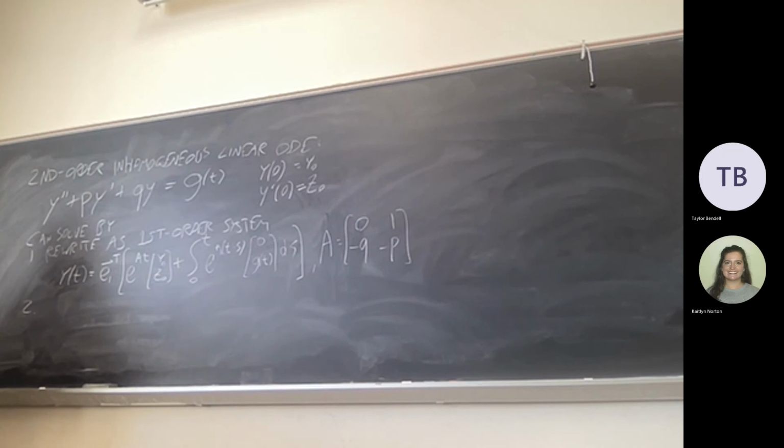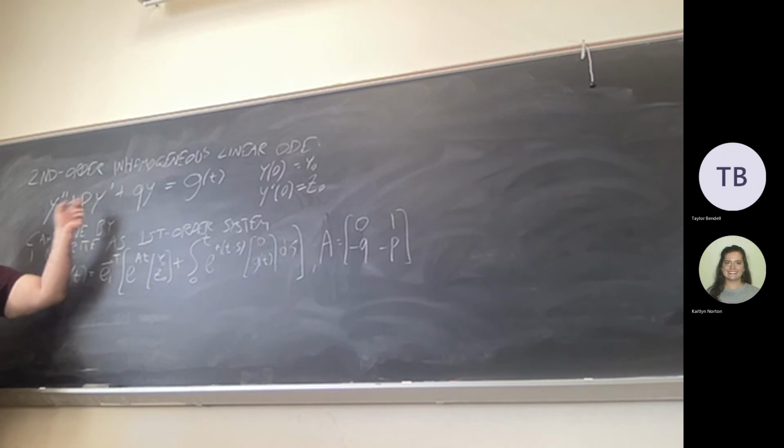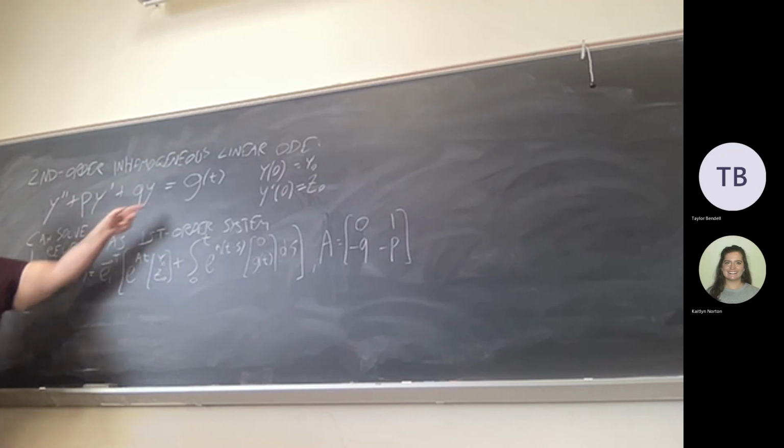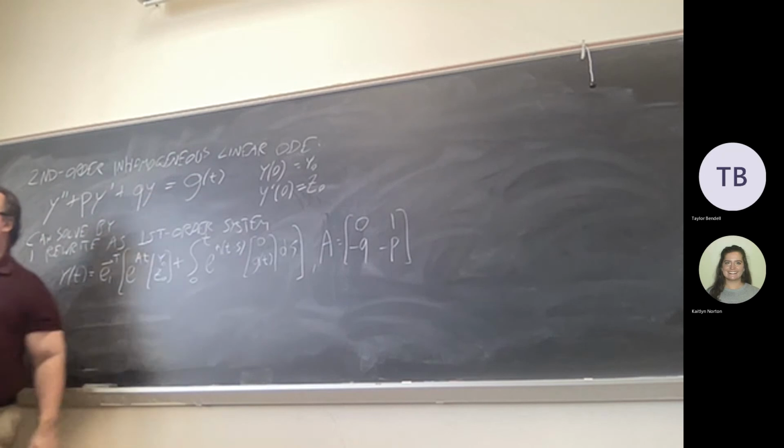But how is this done in classes? Well, there are two techniques that are typically taught in an intro ODE class. I'm curious whether any of you remember either method's name. Solving this kind of ODE where you have something here, so it's not 0.